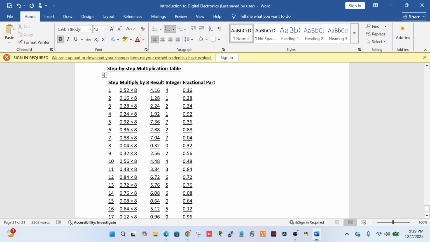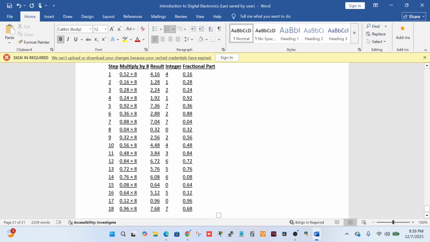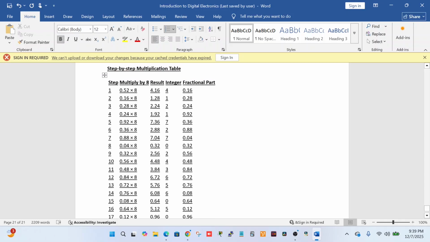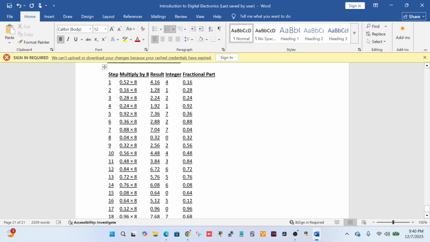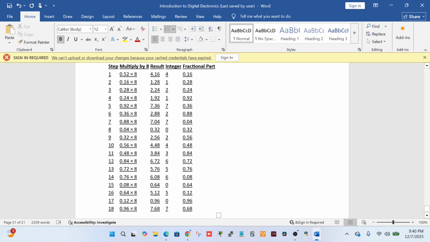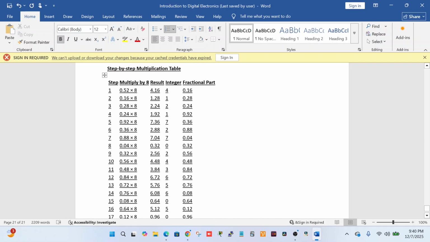Here the fraction number is repeating, and again the result is repeating. So if you multiply 4 to 6 times, that's enough.